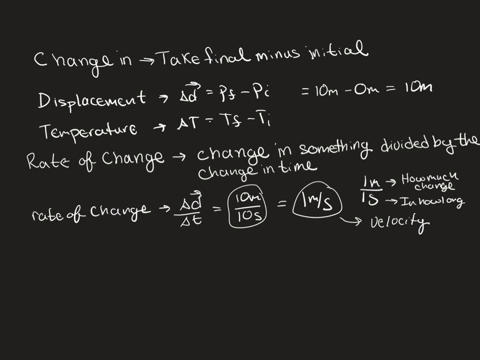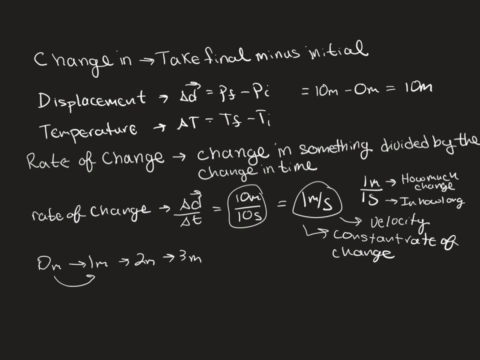Remember, up here describes a constant rate of change. But if we go from our 0 position to 1 meter, to 2 meters, to 3 meters, let's say the first step takes 1 second, the next takes 4 seconds, and the next takes 6 seconds.